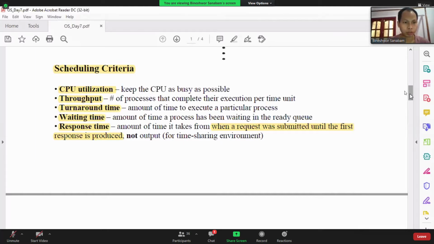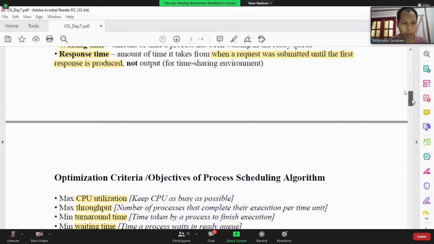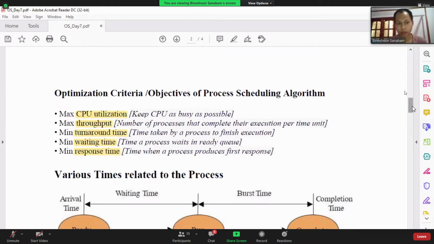You have different terms like CPU utilization, throughput, turnaround time, waiting time, response time. These are important topics. The first term is throughput. As the name suggests, it is nothing but the number of processes completed per unit time.